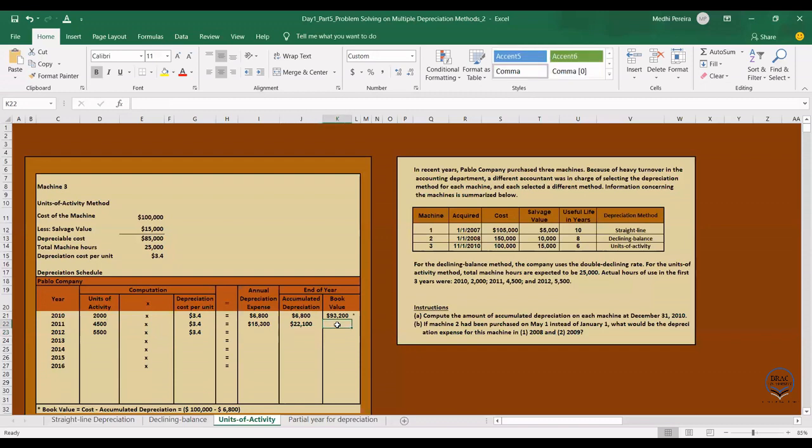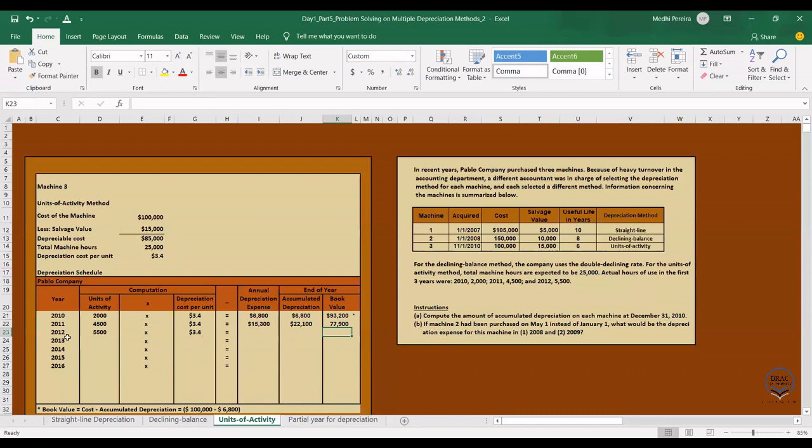Now we again calculate the book value, and that is the cost minus the accumulated depreciation for 2011. So $77,900 is the book value at the end of year 2011.